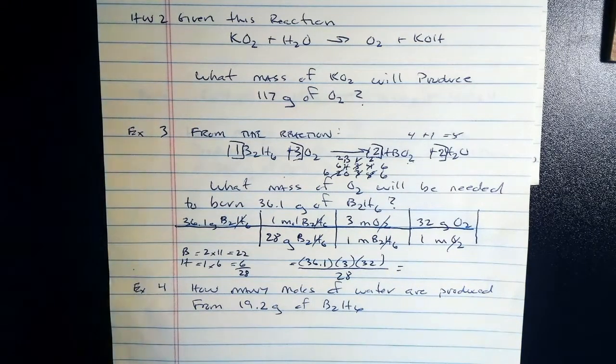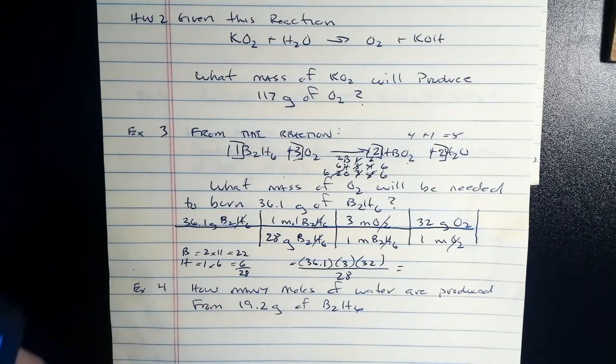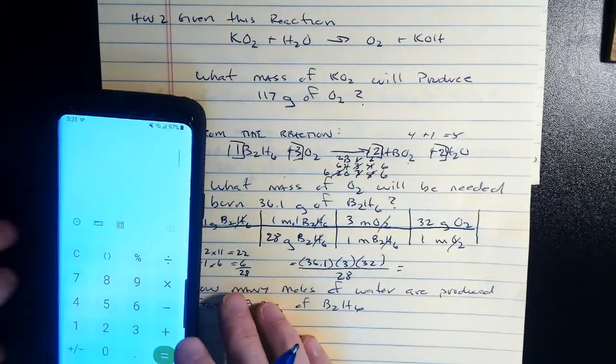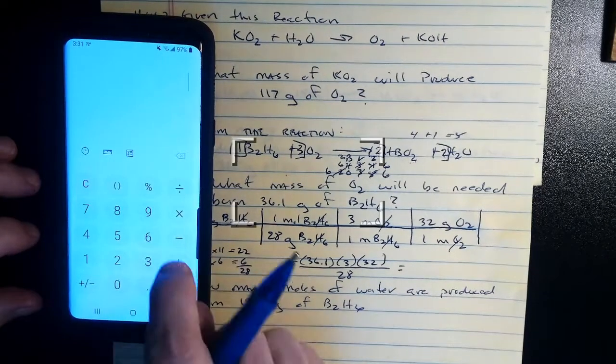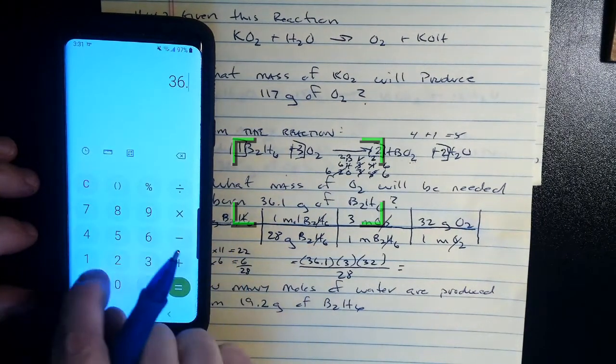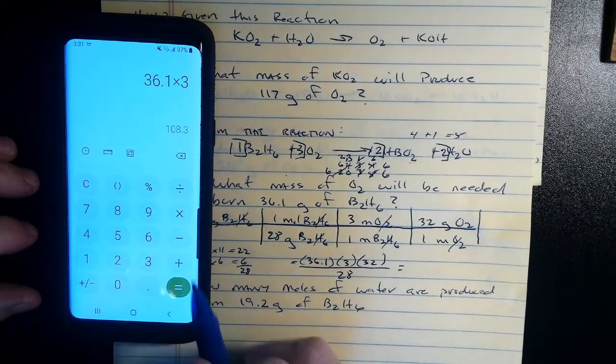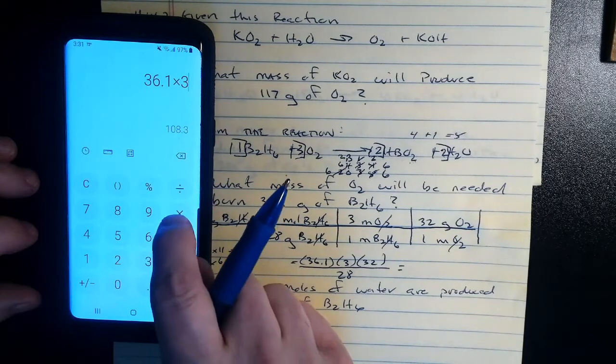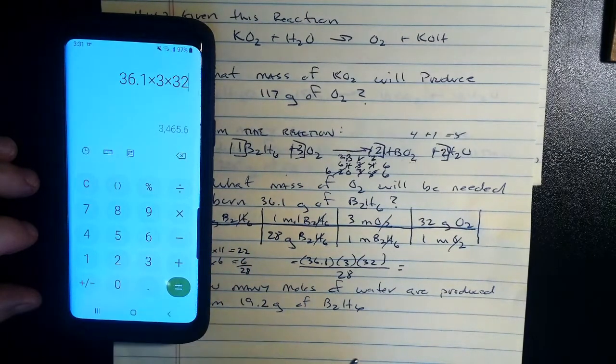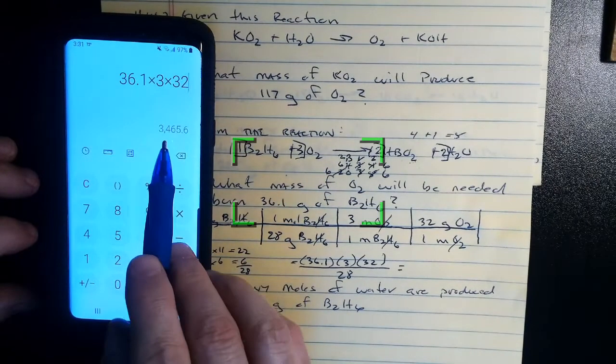And then you got to pull out your calculator. And so I'm going to get out my phone calculator here. So here we have this. Okay, so we're going to put in 36.1 times 3, and you got 108.3 there, times 32 gives us that.